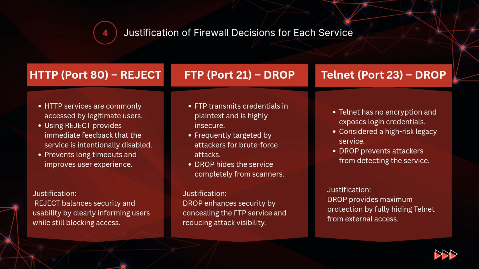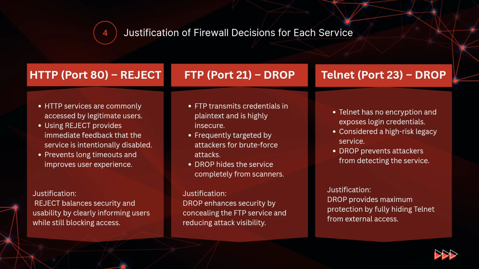Because Telnet is highly insecure due to the lack of encryption and is considered a high-risk service, drop was selected to fully conceal the service and provide maximum security. In summary, reject is used when usability and clear communication are important, while drop is used for high-risk services that should be hidden from attackers.